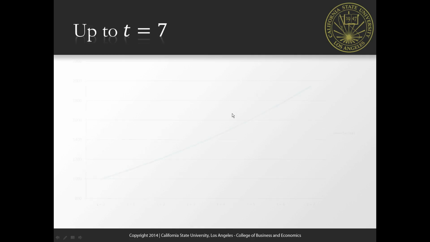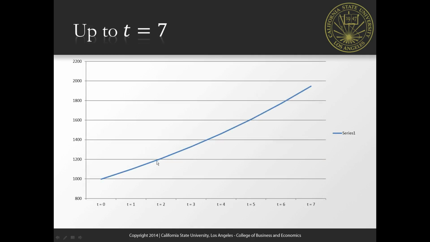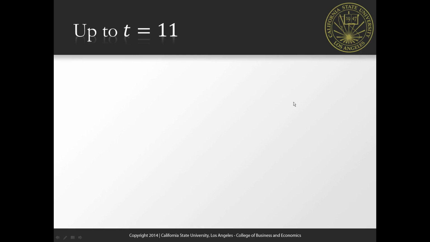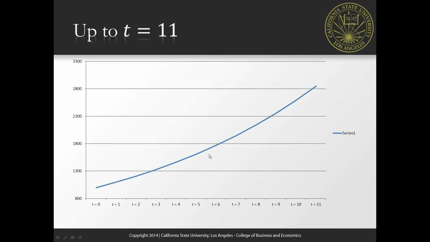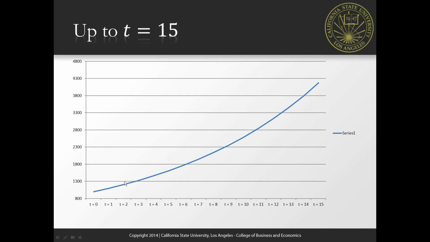But now what happens when we look at it even further out? You can see that we are increasing at an increasing rate. Now again, when we look at this even further, you can see that our account value is now growing much, much faster. So our original $1,000 at the end of 11 years is worth over $2,800. After 15 years, you can see that it goes up to nearly $4,300.